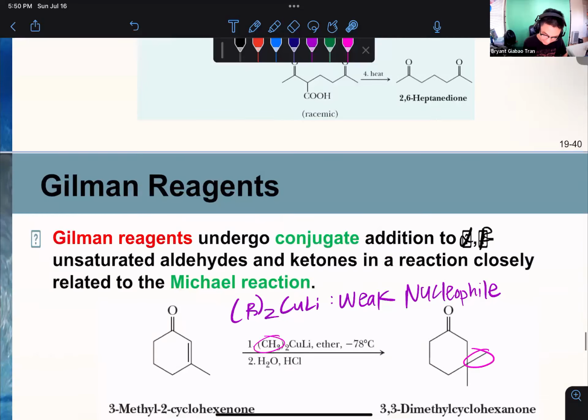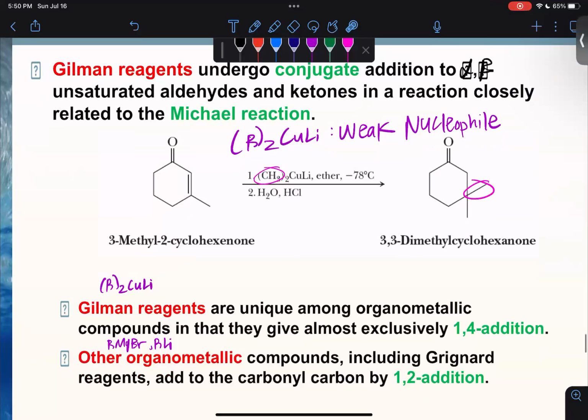Okay. Gilman. The copper one? Yeah, copper one. You know how the strong nucleophiles are organometallics like Grignard, RMgBr, or organolithium, RLi? If you want to add an R group onto the enone, but you want to do 1,4 addition instead of 1,2 addition, you use a weaker organometallic, which is a Gilman.